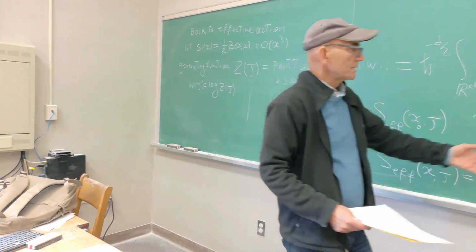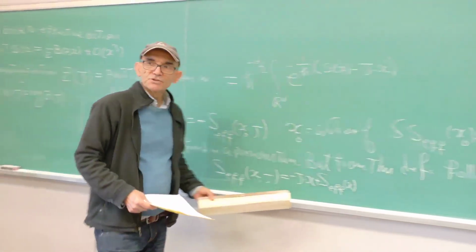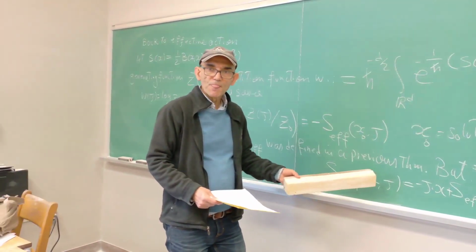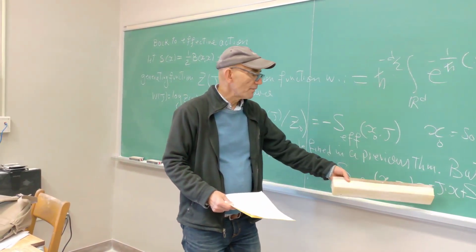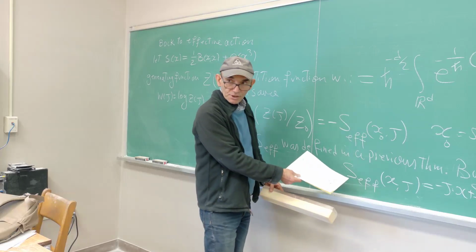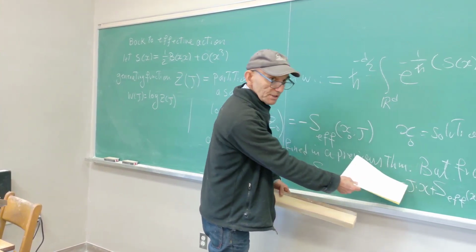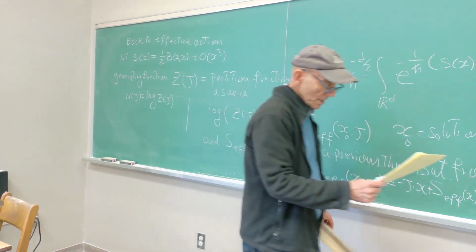So look at this equation. This is exactly the definition of Legendre transform. Because we are interested in minus S effective X, J, and that's really JX minus S effective X. And this is really the definition of Legendre transform.